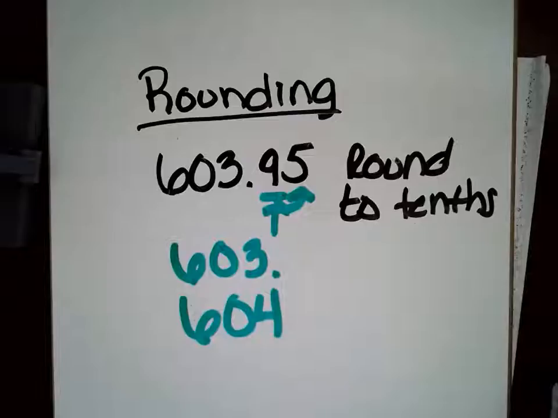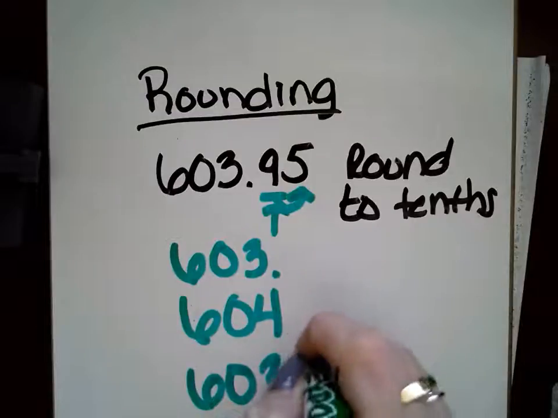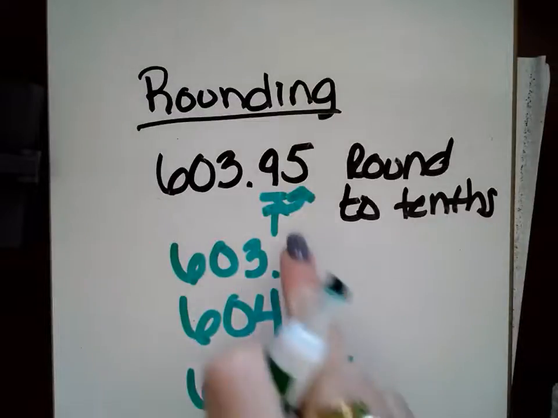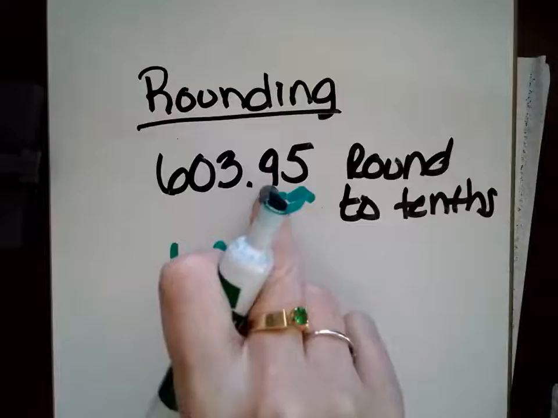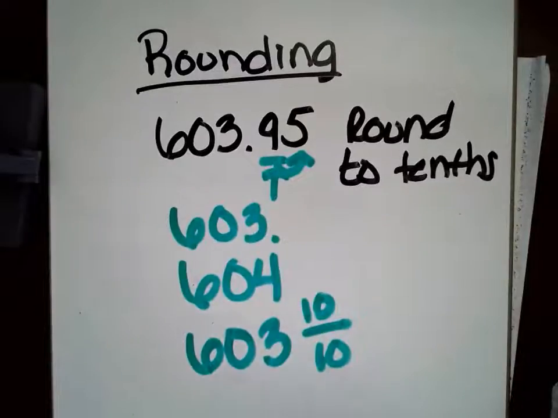It's a little confusing because of the whole number, but if we said we were going to round this up to 603 and 10 tenths, because rounding 9 up gives us 10, well, 10 over 10 is simply 1. So we have 603 plus 1, 604. So this is a little bit of a tricky question.